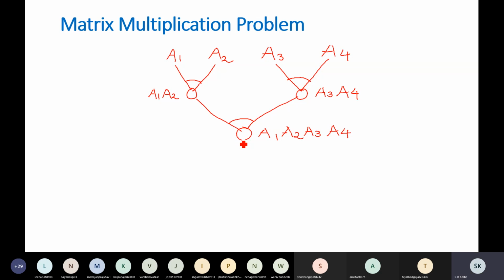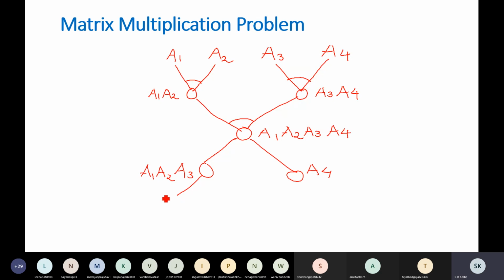Another way of doing the same thing: I will take A1, A2, A3 and here A4, but this cannot be done directly.